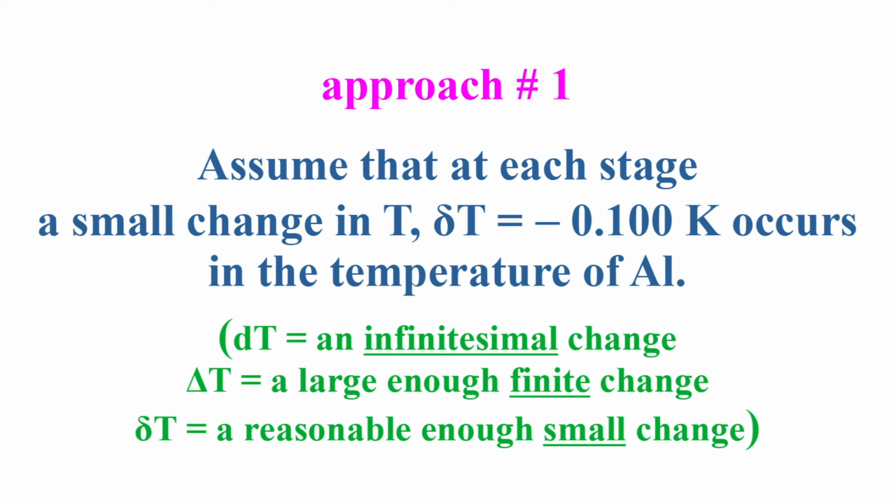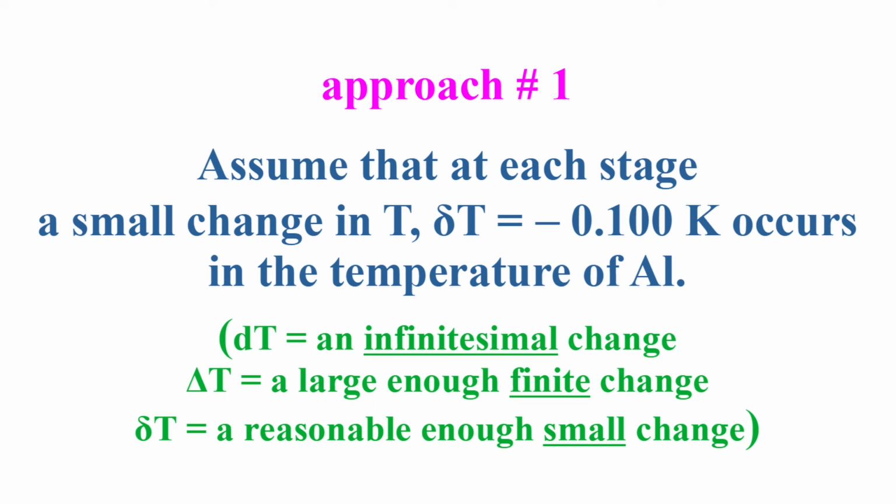Let us say that at each stage, a small change in T equal to 0.100 Kelvin occurs in the temperature of the aluminum block. That is, del T for aluminum equals negative 0.100 Kelvin.